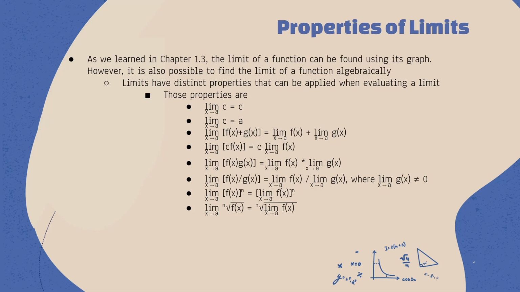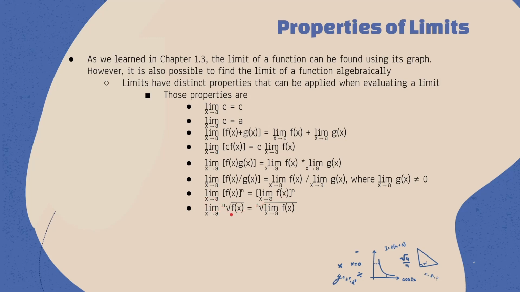The next one is the limit of f of x to the power of n. So if you had f of x equals x and n equals 2, you could either evaluate the limit of x squared, or you could find the limit of x and then square that.